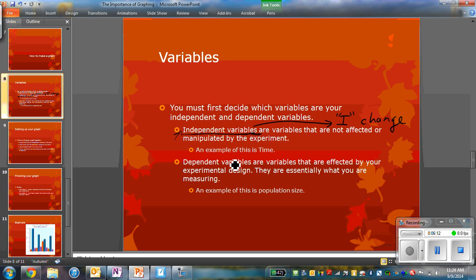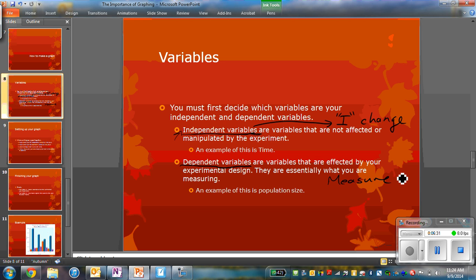So if the independent variable is something I change, then the dependent variables are variables that are affected by your experimental design. Essentially, they are what you measure. So dependent variables are what you measure. Okay?